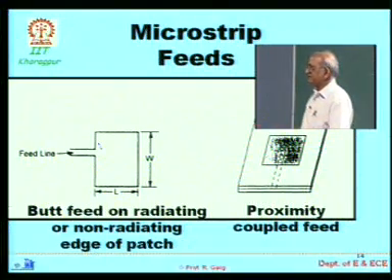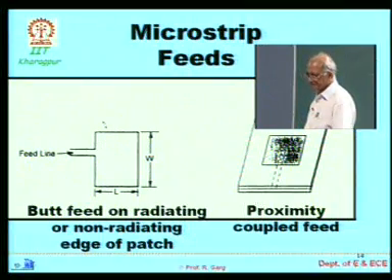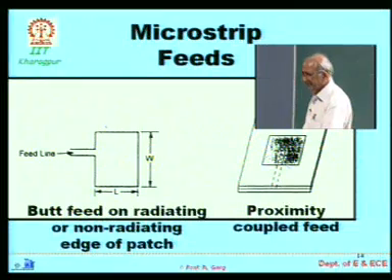Otherwise, most of the time it is going to be more than that, and you cannot really feed it over here. But if you want to feed it inside for 50 ohm, you can take the microstrip feed to a lower level.